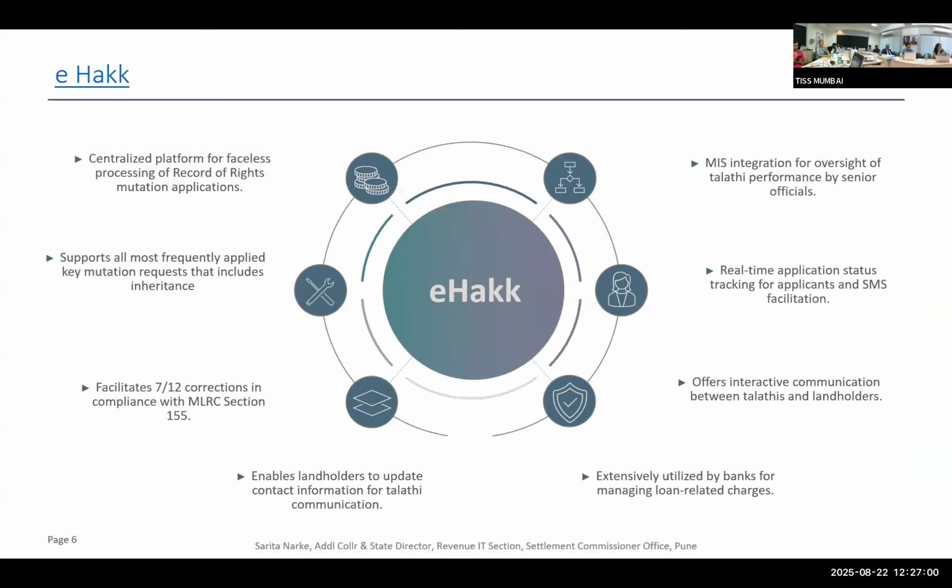Then there is the second platform, which is available online, where a person without going to the village revenue officer can apply for various types of mutations simply by providing the information which he has. You just select your district, taluka, village, and your survey number, and then you can write that you want to do registration of your mortgage, or you want to make a ship application.